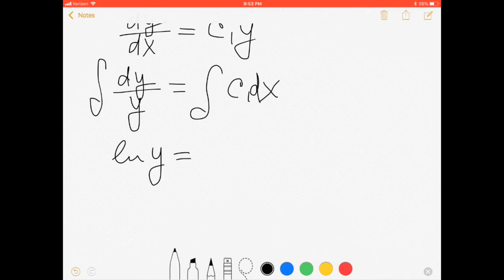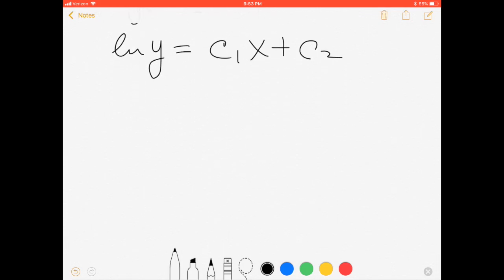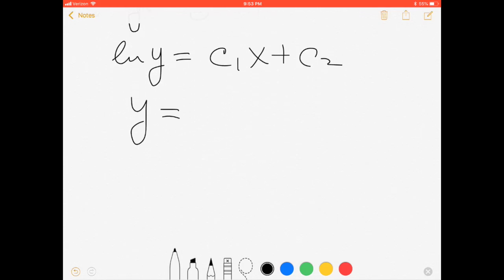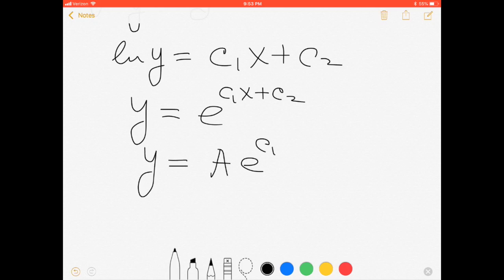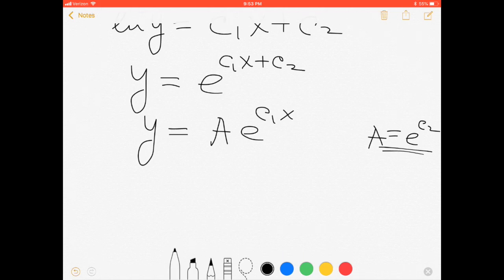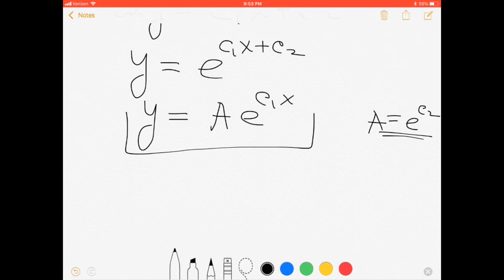Natural logarithm y equal c1 x plus c2. This means y equal e to the power c1 x plus c2, or y equal a e to the c1 x, because here I separate, and a is e to the c2. You can use this fact. Okay, this is my final answer.